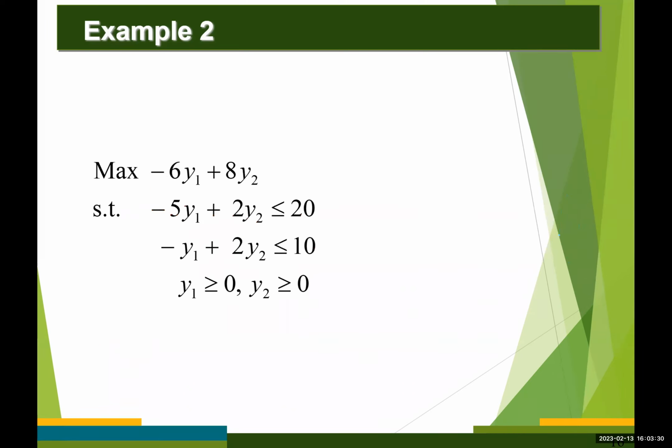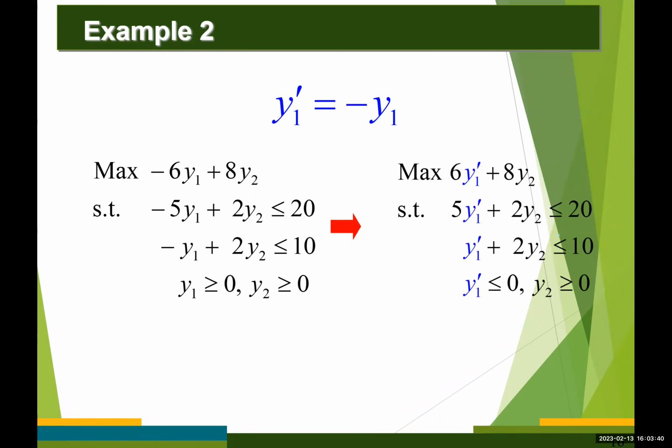Okay, now it's interesting to make a change of variable. Let's set y1 prime equal to -y1. Then it's the same as the dual of the symmetric primal dual pair, except for non-positivity replacing non-negativity.